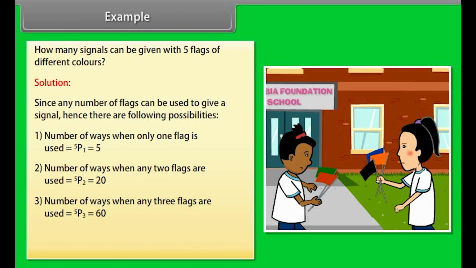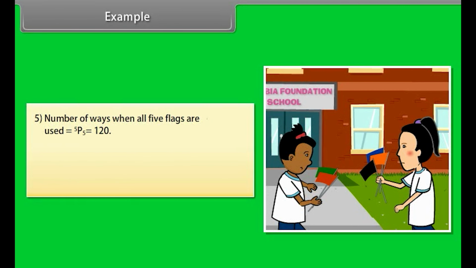Any 3 flags: 5P3 is equal to 60. 4. Any 4 flags: 5P4 is equal to 120. 5. All 5 flags: 5P5 is equal to 120.